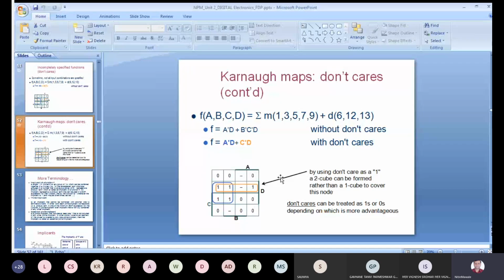So here by using the don't care sign, instead of going for a pair, I can go for the quad. And whenever I go for a quad, we have already seen yesterday that a quad reduces two variables, a pair reduces only a single variable. So I am reducing one extra variable with the help of that. That's why I have considered that as a quad. और यहाँ पे क्या है, कोई सेल दूसरा नहीं है वहाँ पे उसके साथ कंबाइन करने के लिए.